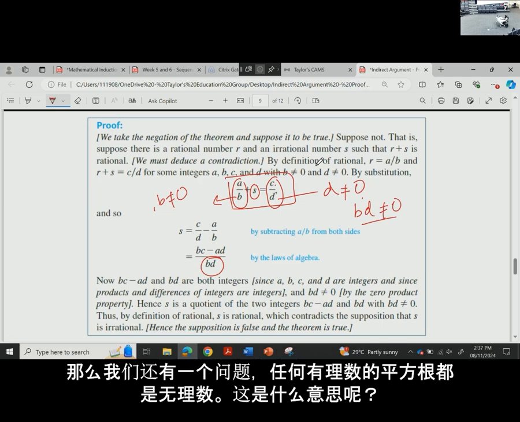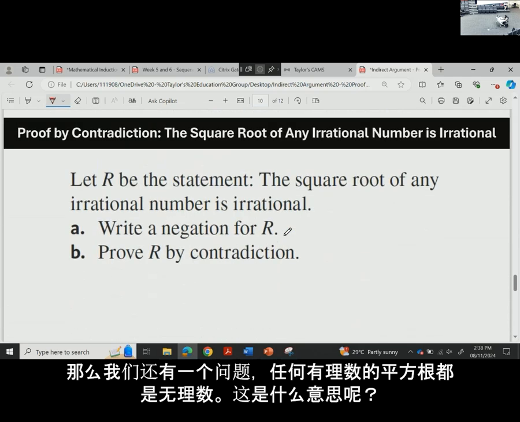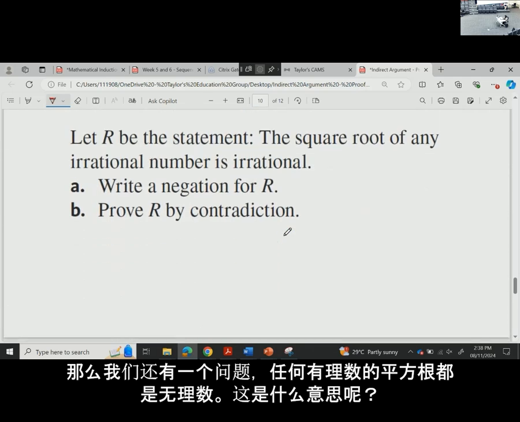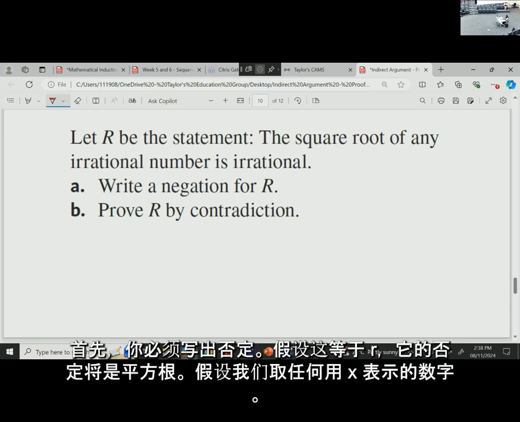Okay. Then we have one more question: the square root of any irrational number is irrational. What does it mean? First, you have to write the negation.